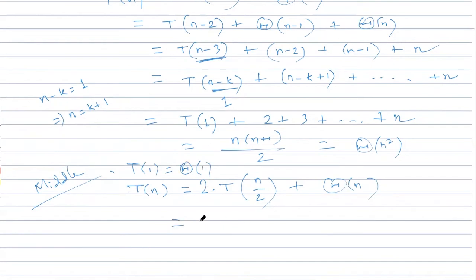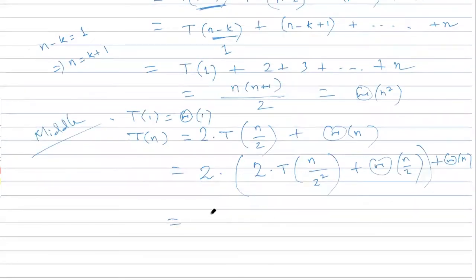So what do we do here? We expand again. So how do we expand? We substitute n with n by 2. So we can say 2 times T of n by 2 square, right? Because I substituted n with n by 2, plus order of n by 2, plus order of n.